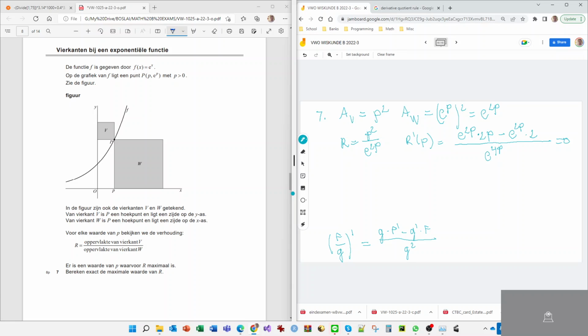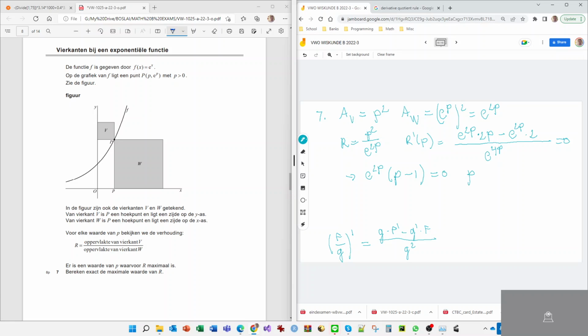This thing is never 0, so we don't worry about that. We just set the numerator to 0. And in the numerator you can factorize. There's a common factor of 2 times e to the power 2p. So we just write it as e to the power 2p times (1 minus p) times p. It's still easy to make mistakes here, so just be really careful and double check everything with every step.